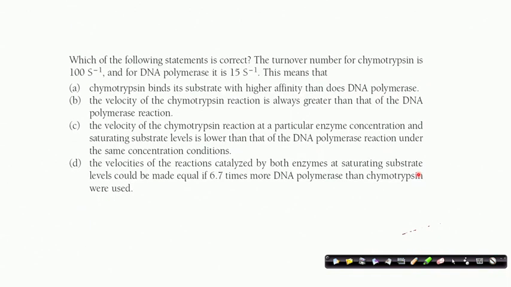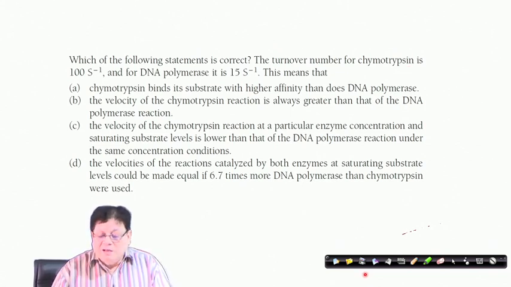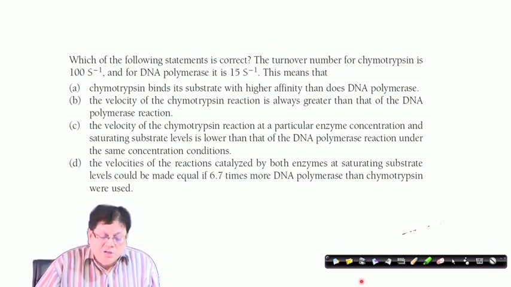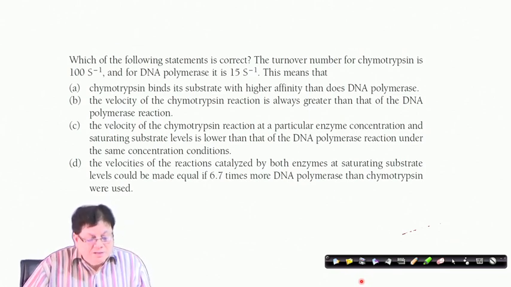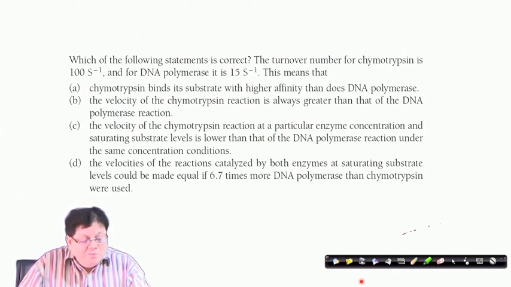We go to a second problem. Okay. The second problem is, which of the following statements is correct? There are several statements given here. The turnover number for an enzyme chymotrypsin, we are now quite conversant with chymotrypsin, that hydrolyzes peptide bonds specific to aromatic amino acids, and the turnover number is 100 second inverse, like the earlier problem.